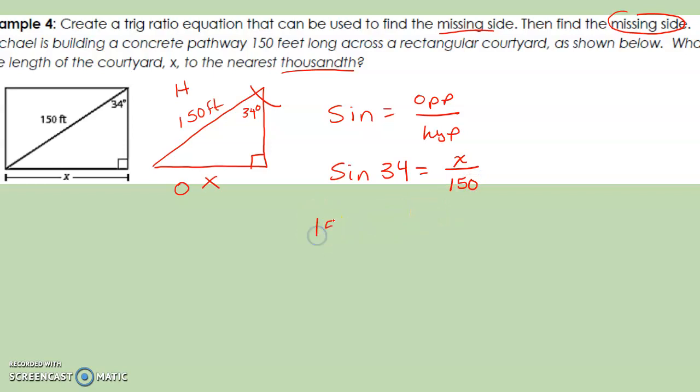I'm going to multiply by 150 on both sides. It clears the divided by 150. Use my calculator. 150 parentheses sine 34. And I get 5.591. So 5.59 is approximately equal to x.